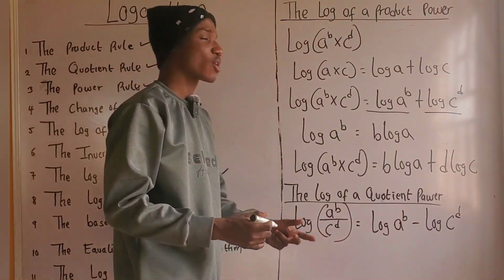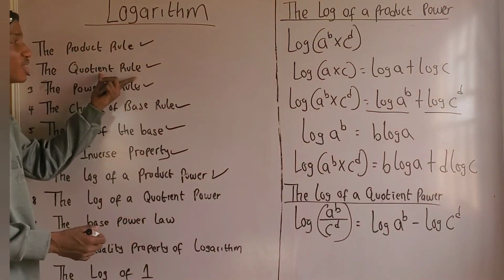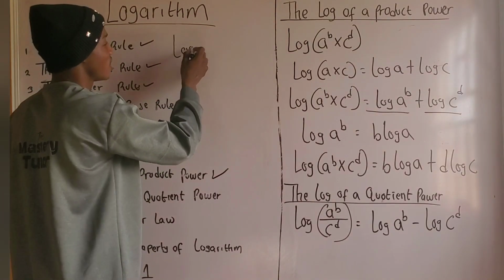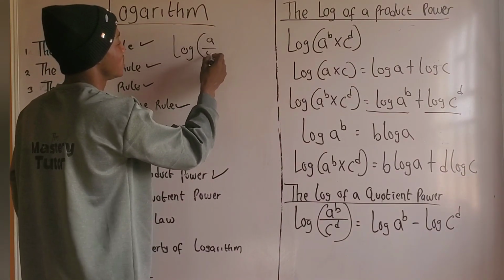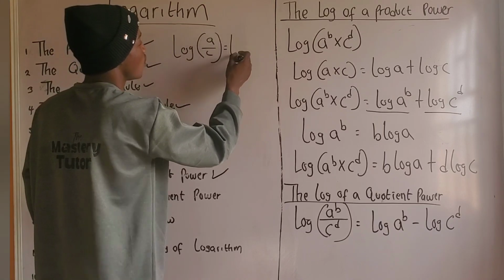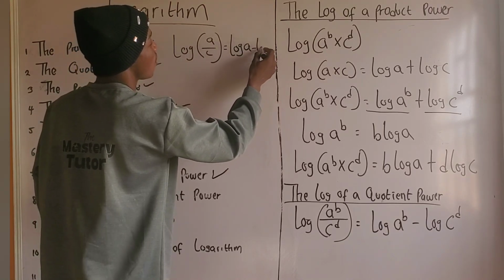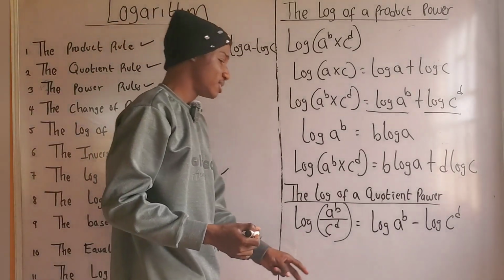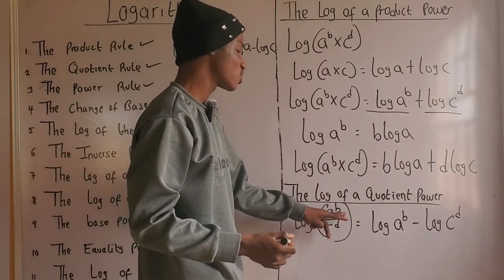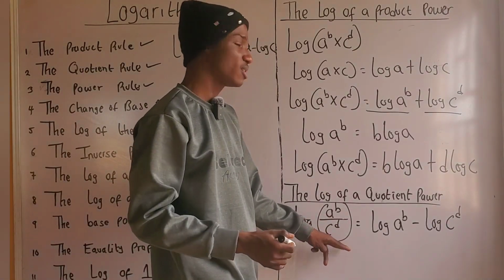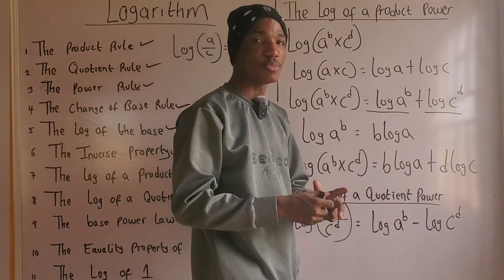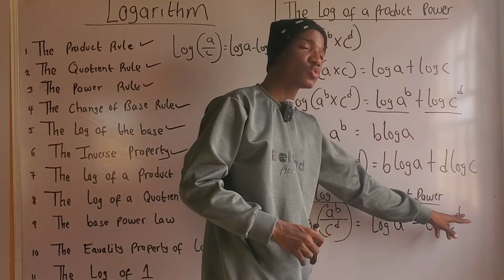Now, you know that according to this law, the quotient rule of logarithm, if you have log a over c, this will be equal to log a minus log c. Do you know? Likewise, if you have log a raised to the power of b all over c raised to the power of d, you're going to have log a to the power of b minus log c to the power of d.